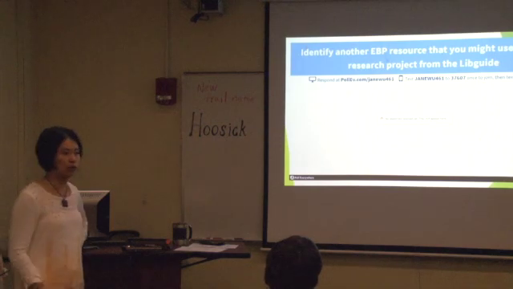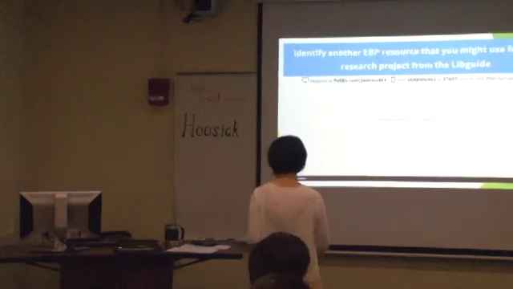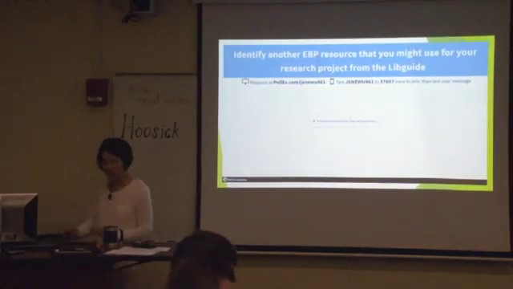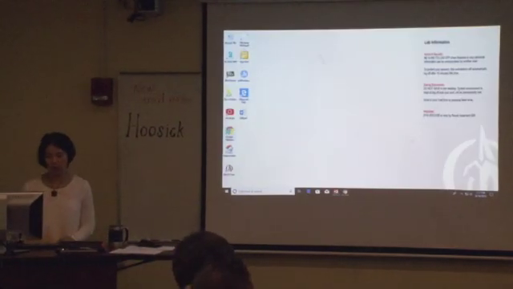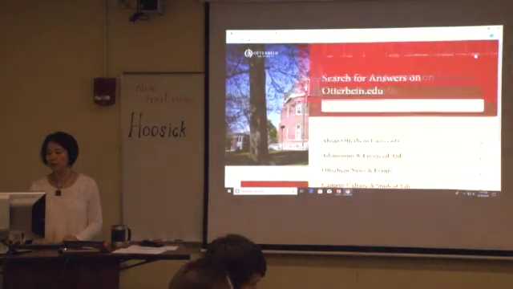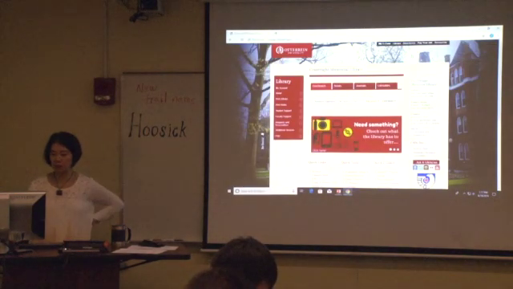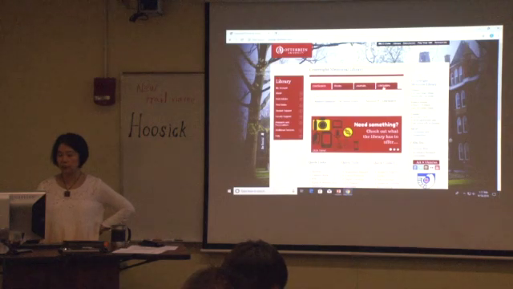Okay, so go to your computer and then go to my LibGuide. We're going to spend just 1 or 2 minutes to familiarize yourself with possibly other resources related to evidence-based literature.